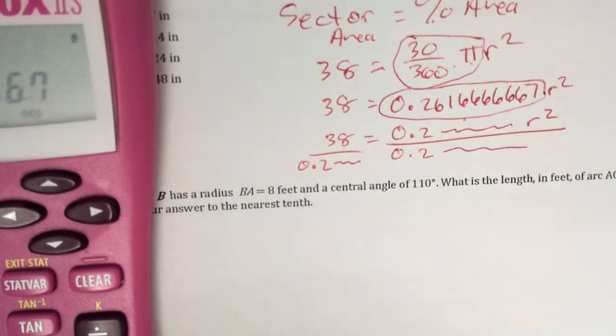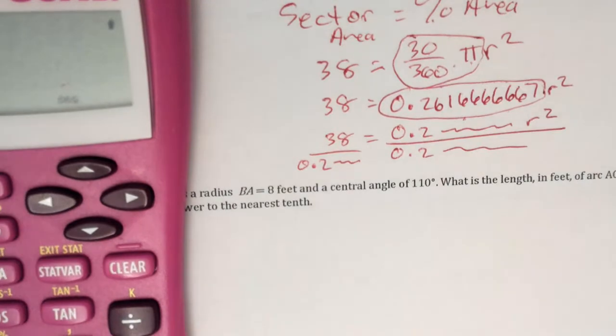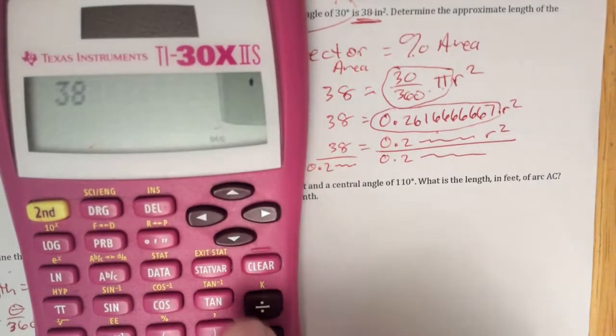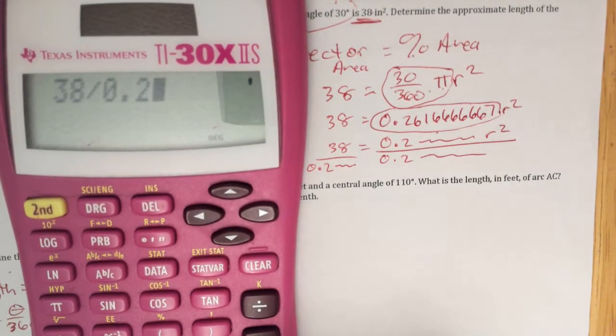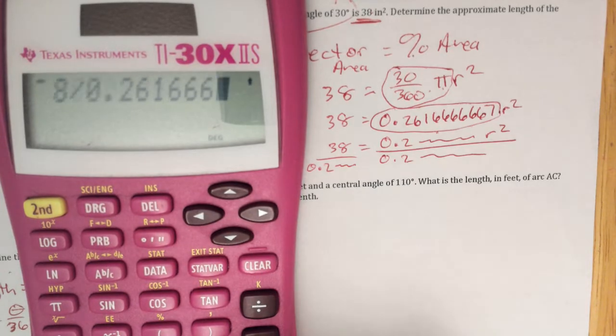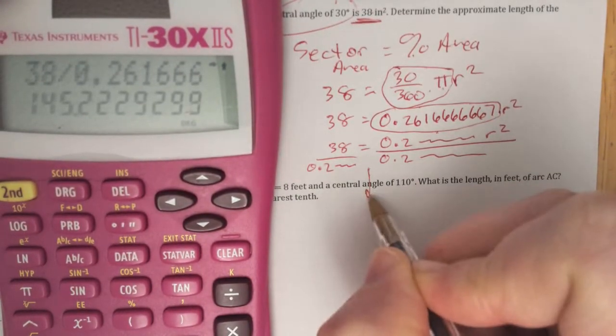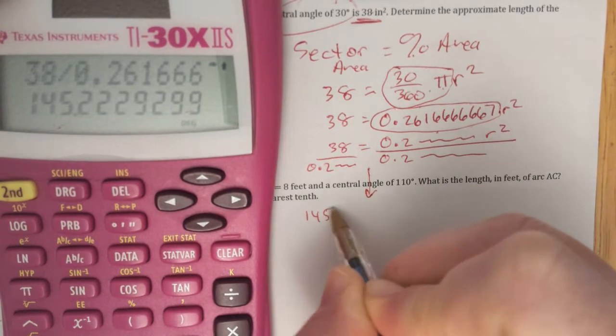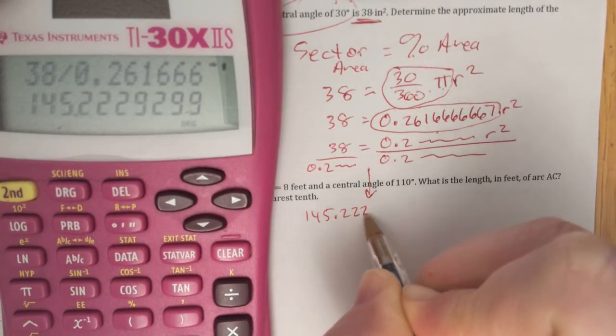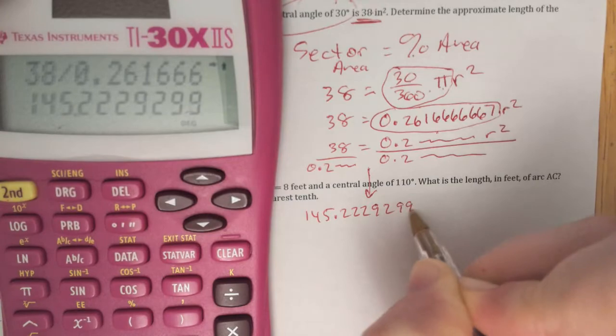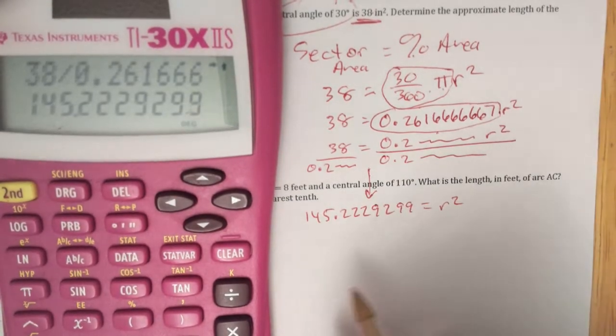So 38 divided by 0.261666666667, equals, and we get this answer. I ran out of room, so I'll keep going. 145.2229299 is equal to r squared.